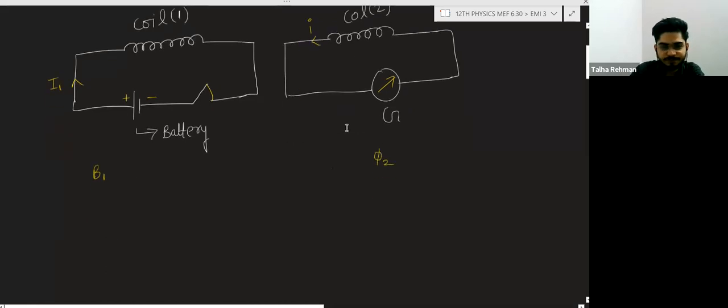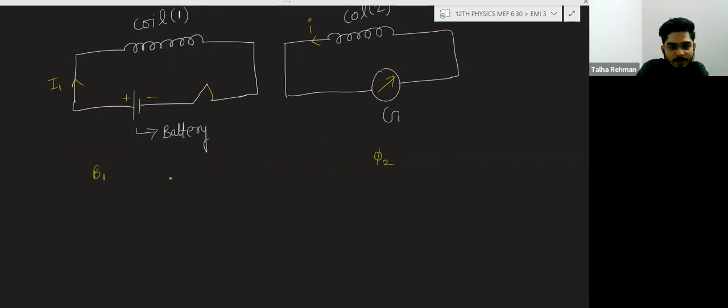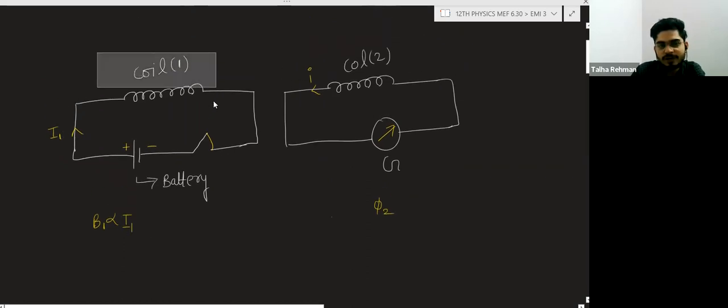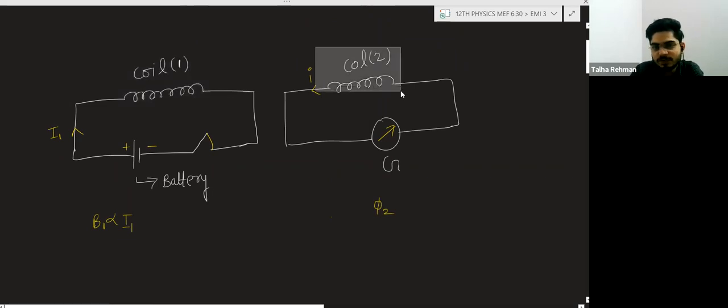So what is happening here: the magnetic field produced by coil 1 is directly proportional to I1. Why? Because when you increase this current, the magnetic field in this coil will increase, or you can say the effect of the magnetic field produced by this coil will increase here also.